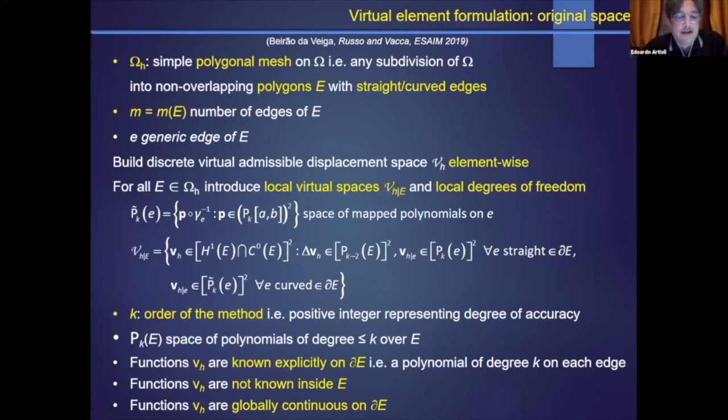So we have the same global property of our unknown functions being totally explicit on the element boundary and fully implicit in the interior, globally continuous over a given polygonal element.